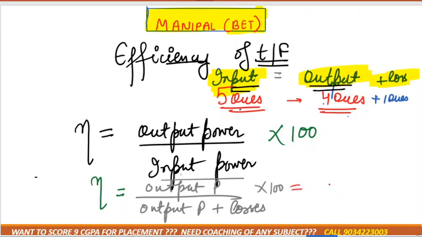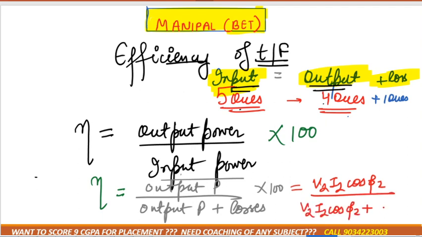Output on the secondary side is V2 I2 cos φ2, divided by V2 I2 cos φ2 plus the losses, the iron losses and the copper losses, multiplied by 100. This is the final formula we get for efficiency. Maybe they'll ask you a simple numerical or they'll ask you the efficiency of the transformer. Got it?